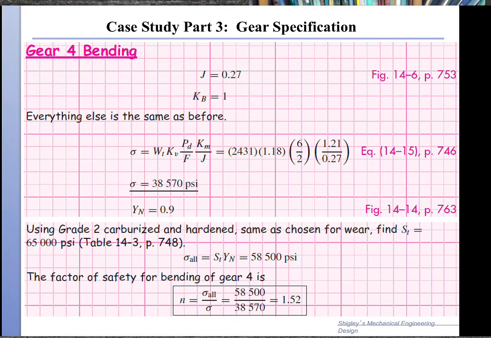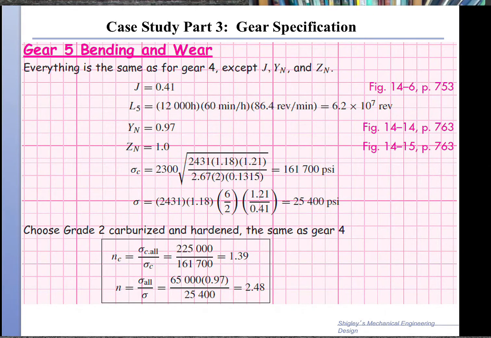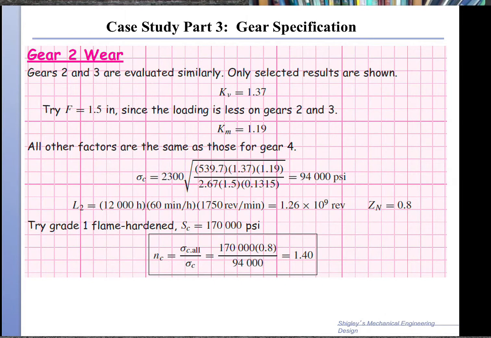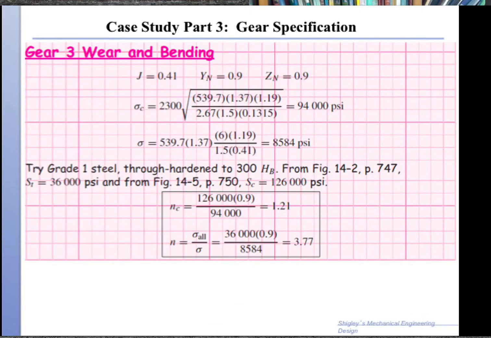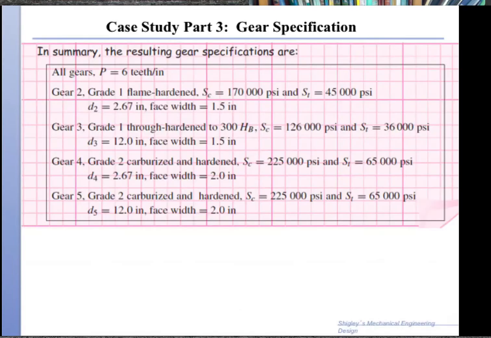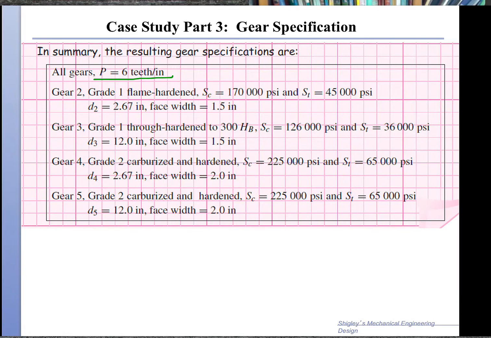So we can proceed the same procedure for gear 5 for bending and wear, gear 2 for bending and wear, and then we have gear 3 for bending and wear, and finally we get the final results here. All gears have the same pitch, 6 teeth per inch.